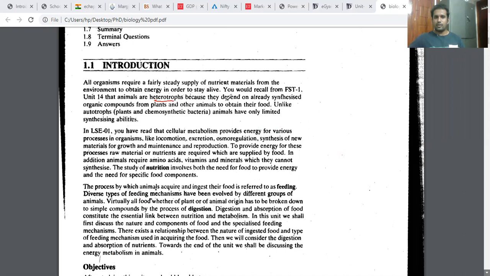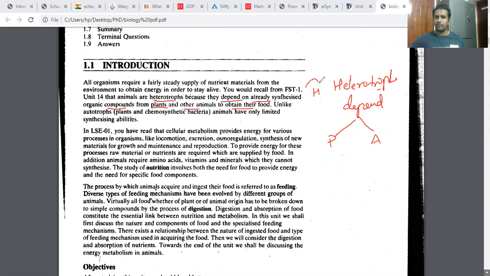Heterotrophs are dependent on already synthesized organic compounds from plants and other animals to obtain their food. As I have told you just now, heterotrophs are dependent on other organisms. The organisms could be either plant or animal.